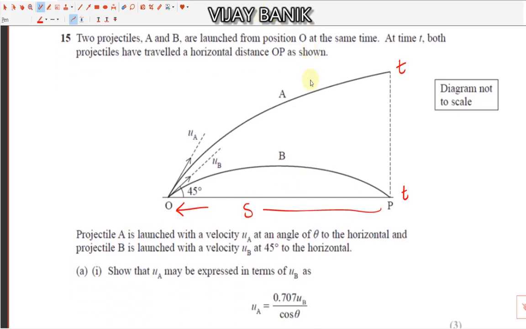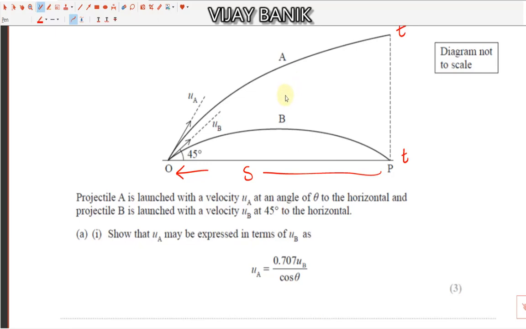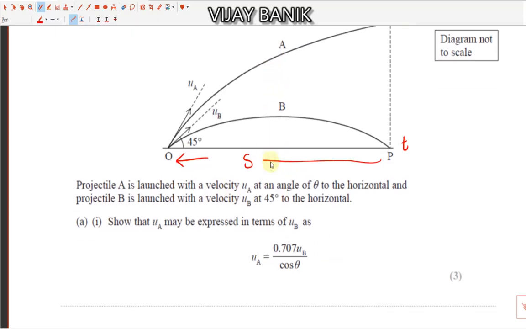Now they said show that UA may be expressed in this form. Remember, the horizontal distance traveled by both bodies is the same, and they both travel for the same amount of time. So what is the equation for horizontal motion?